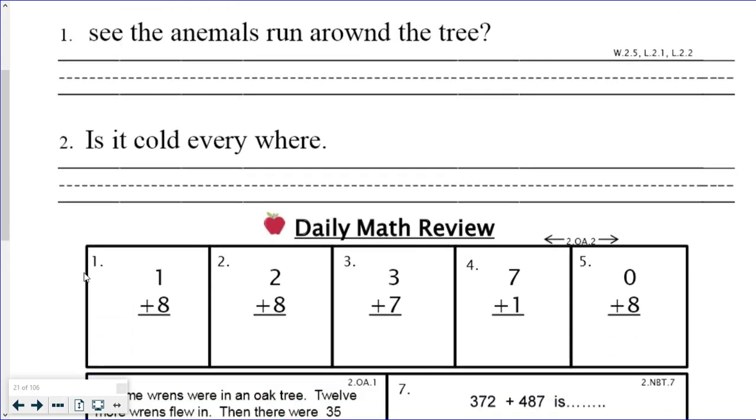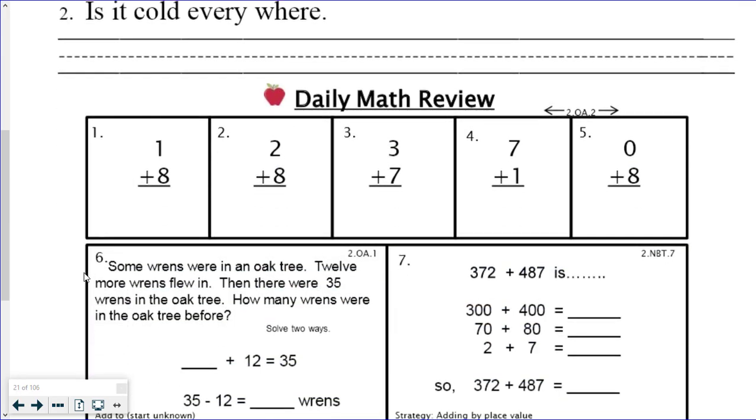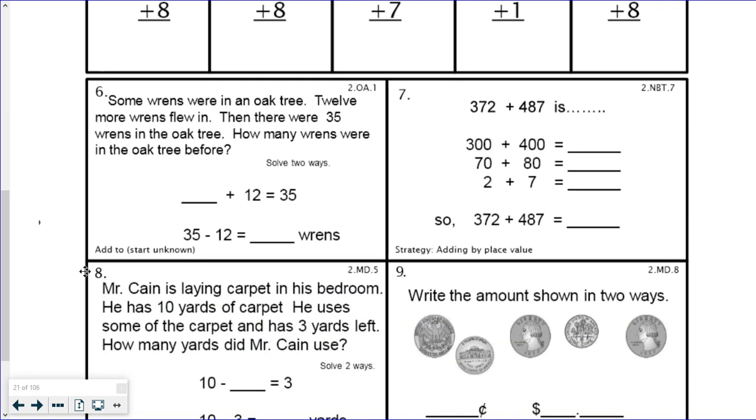Daily math review, you know what to do there. Number 6 is a story problem. Some wrens were in an oak tree. A wren is a type of bird. 12 more wrens flew in. Then there were 35 wrens in the oak tree. How many wrens were in the oak tree before? So we're trying to figure out the original number of wrens. We know that we added 12 more because they flew in, and then there were 35.